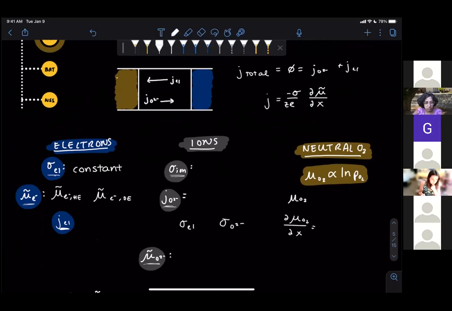As we already talked about, the electrochemical potential of the electrons in the hydrogen electrode is greater than that in the oxygen electrode, and that comes from the partial pressures. And then finally, I'm just going to start with this formalism that the electronic current is going to be negative.